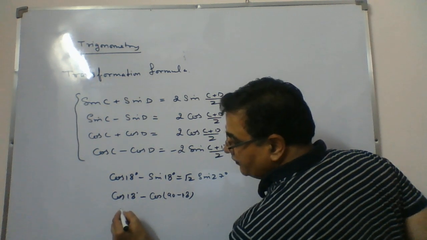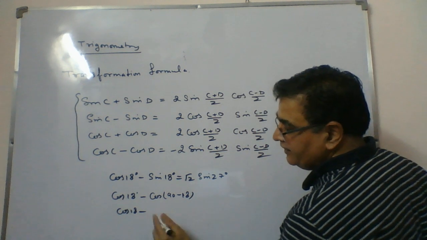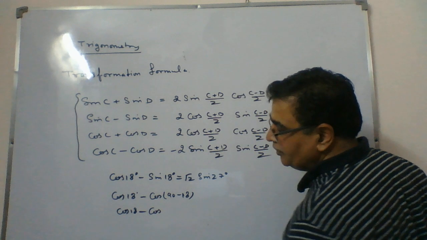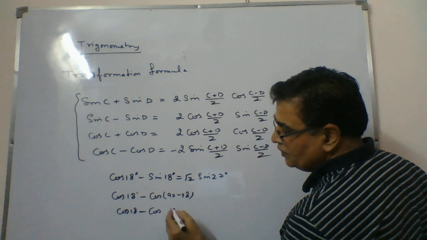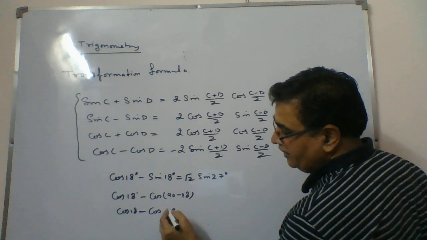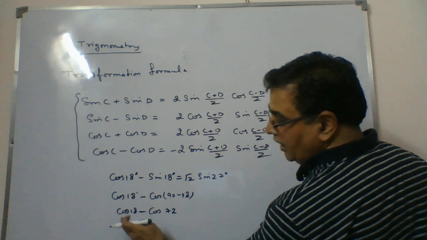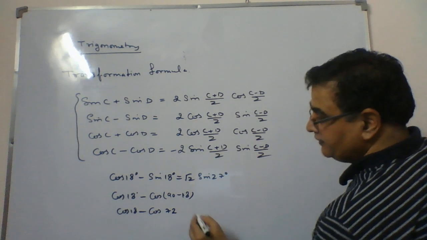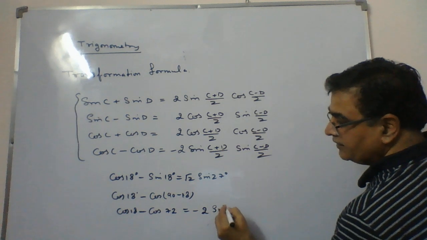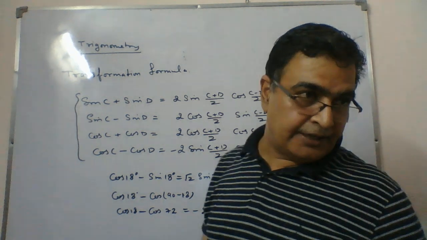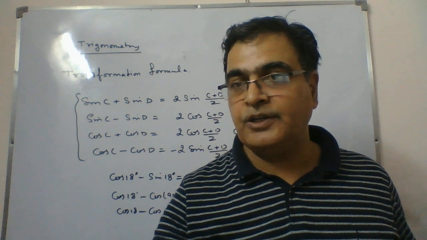So when you solve it, it will come cos 18 minus cos of (90 minus 18). Now 90 minus 18 is 72, so it is cos 18 minus cos 72. Now the cos C minus cos D formula is there, so I'll write minus 2 sine of (C plus D) by 2.